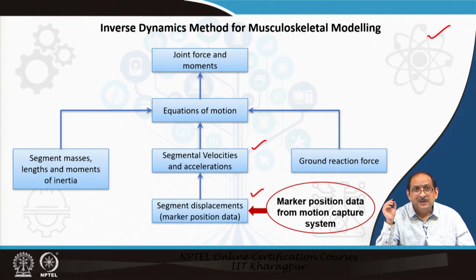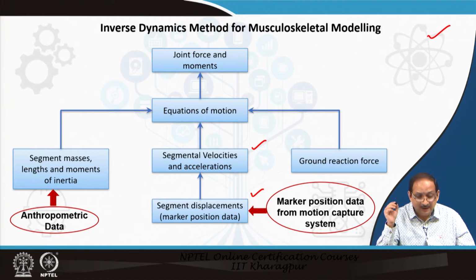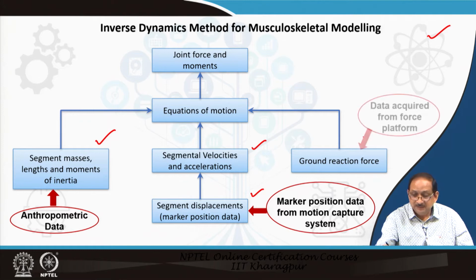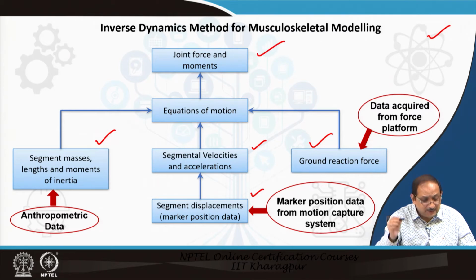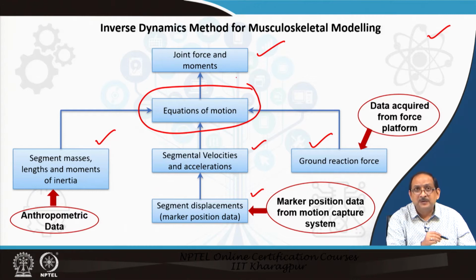Knowing the segmental properties such as mass, length and moment of inertia from anthropometric data, and ground reaction forces from the force platform, and segmental kinematic data as calculated earlier, we can obtain joint forces and moments using the equation of motion.